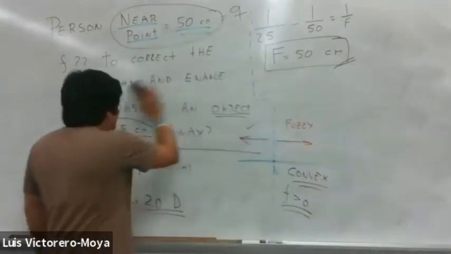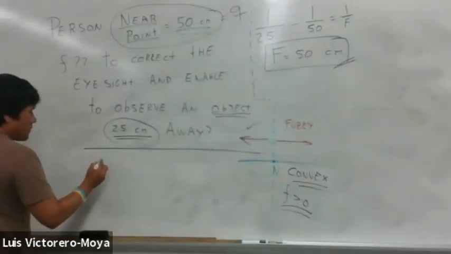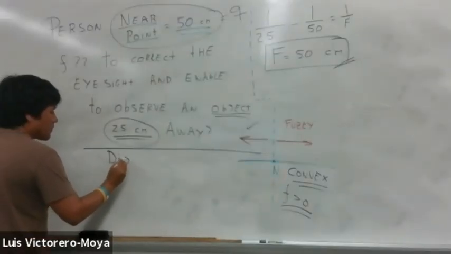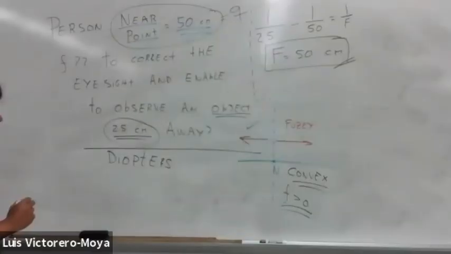So we're going to do this now. What is the unit of power? What was the D? Diopters. And normally when you buy glasses, they sell them by the power.